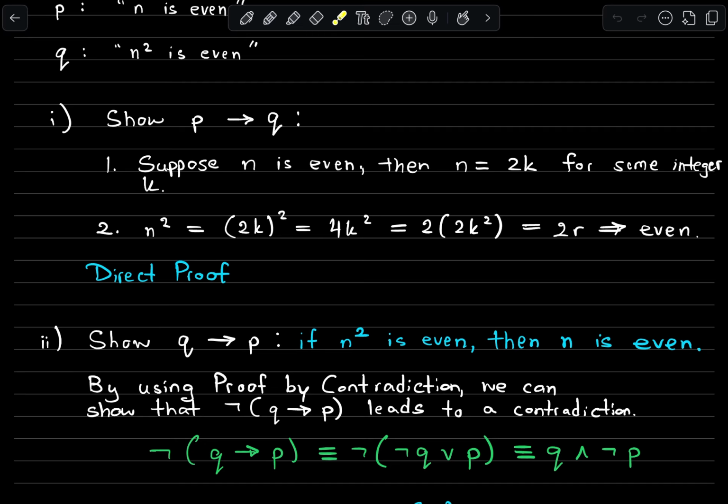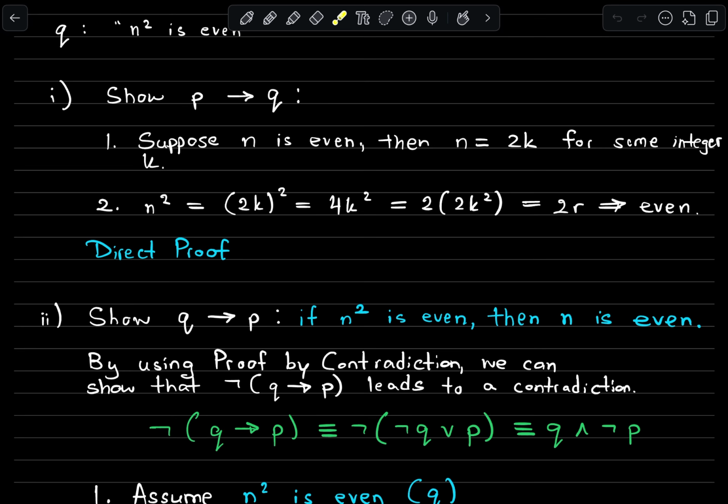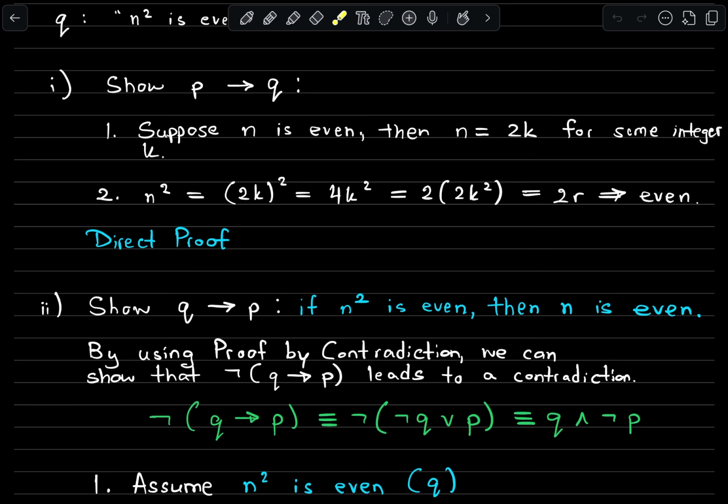That disjunction turns into a conjunction, and this negation goes onto that P. It's almost like we're distributing that negation. And that means we have to flip the sign, or flip that conjunction into a disjunction, or disjunction into a conjunction.